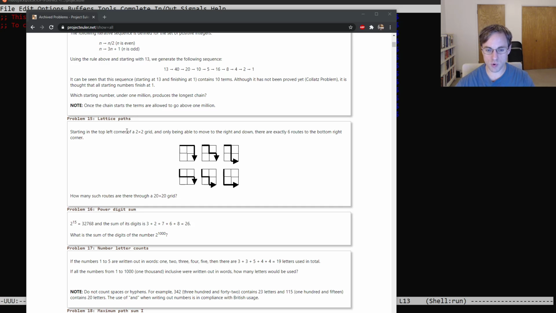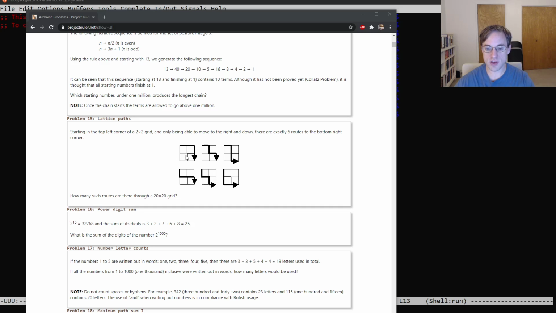So just real quick to recap, this problem asks us to find the number of routes through a square grid starting at the top left corner and moving to the bottom right corner, following the grid lines and only moving to the right and down. And as part of our solution last time, we made the key observation that the only way to reach a particular intersection is going to be to approach it from the north or to approach it from the west.